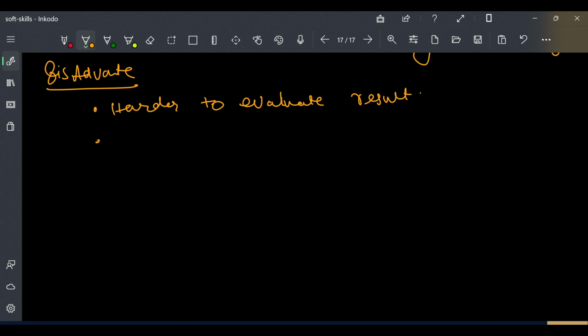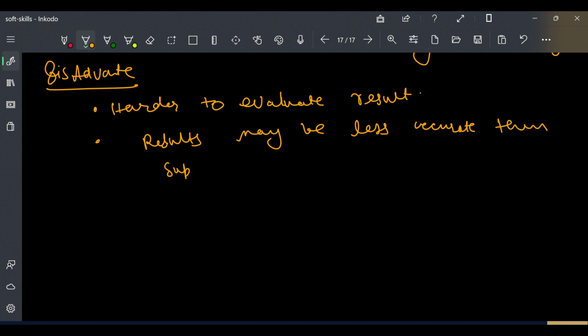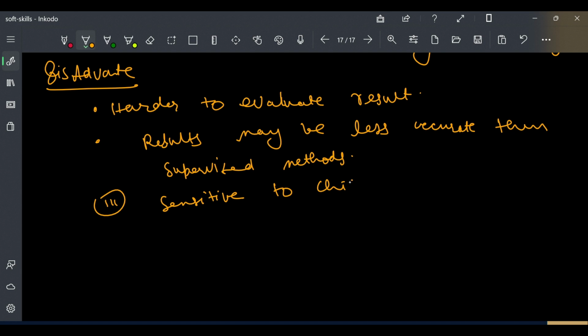The second one is results may be less accurate than supervised methods. And the third one is it is sensitive to the choice of algorithm and parameters.